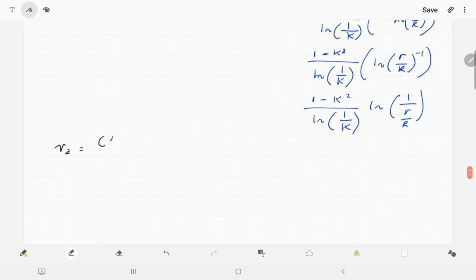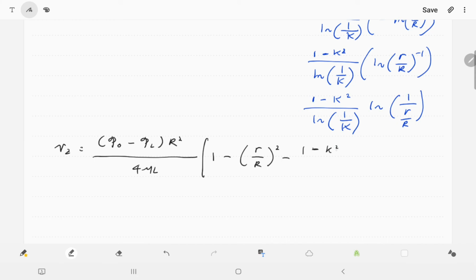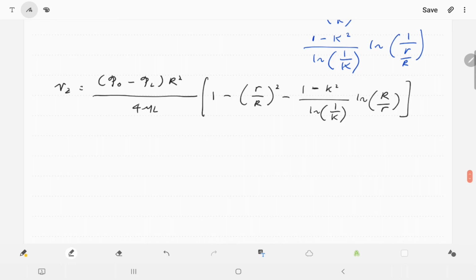So your final expression for vz is: vz is equal to (p naught minus pL) R square divided by 4 mu L, times 1 minus r per R square plus (1 minus k square) divided by ln 1 over k, ln r per R. Then we can get these velocity distributions as functions of r.